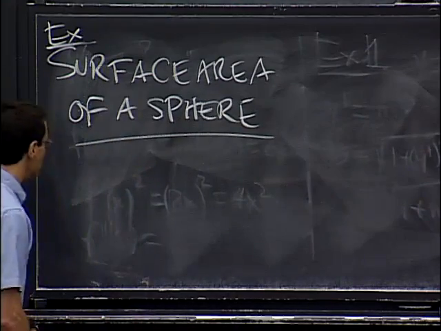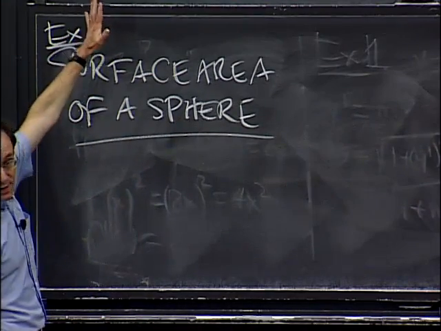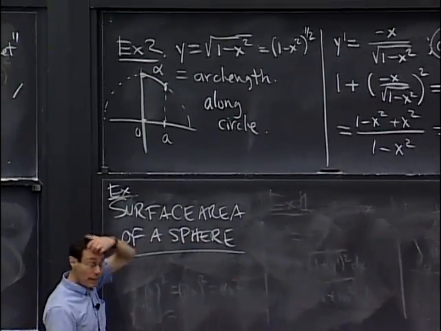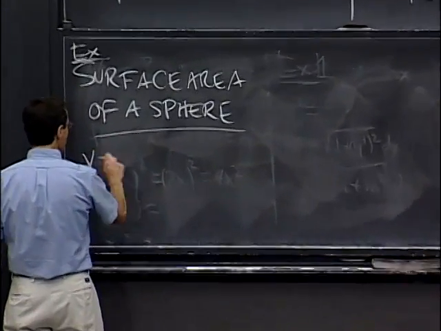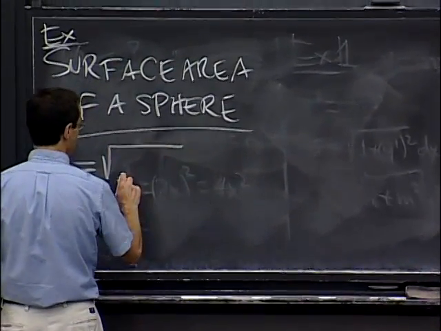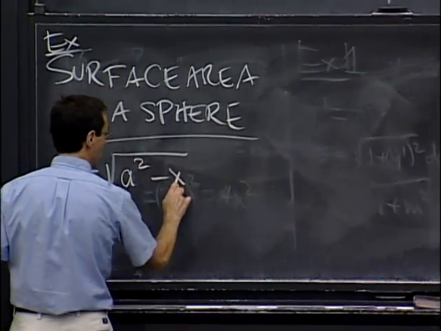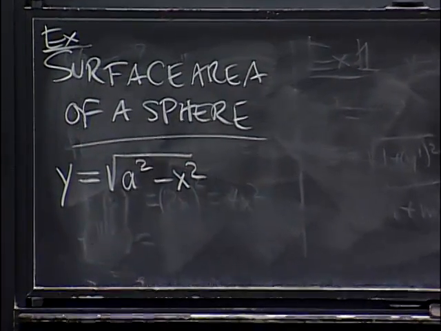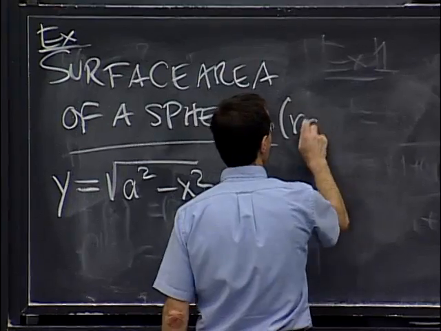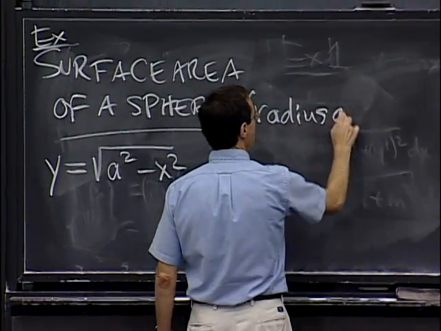All right, so first of all, I'm not going to set it up quite the way I did in example 2. Instead, I'm going to take the general sphere because I'd like to watch the dependence on the radius. So this is going to be radius a.